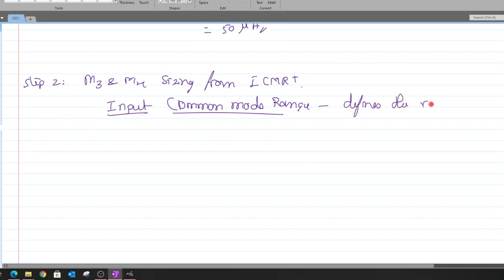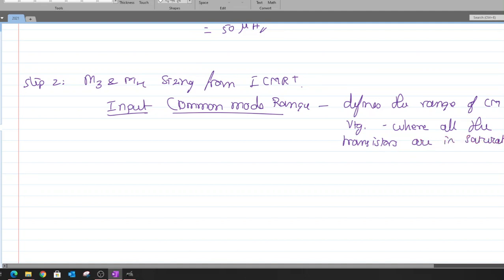Defines the range of common mode input voltage where all the transistors are in saturation region.